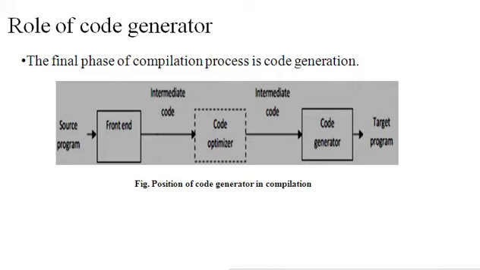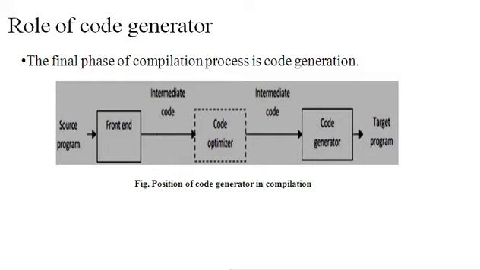What is the role of code generator? Code generator is the final phase of compilation process. It takes an intermediate representation of the source program as input and produces an equivalent target program as output. Here the position of code generator in the compilation process is shown. Your source program is passed to the front end of compiler which generates intermediate code.